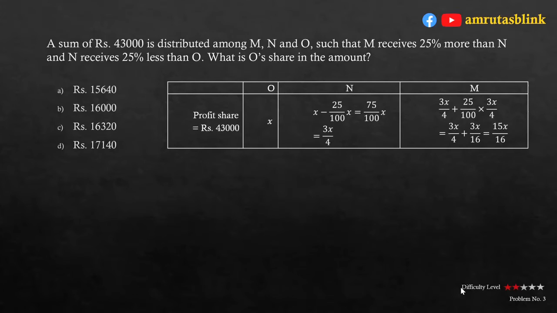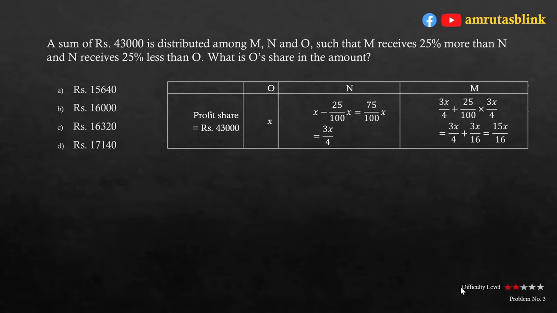At the same time, it is also given that M receives 25% more than N. So, if N is going to receive 100 rupees, then M will receive 125 rupees. But now N is receiving 3x upon 4 rupees. So, initially we need to calculate 25% of this 3x by 4 and add this to 3x by 4, so that we will get the total amount which M is going to receive.